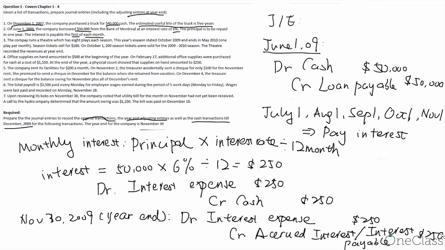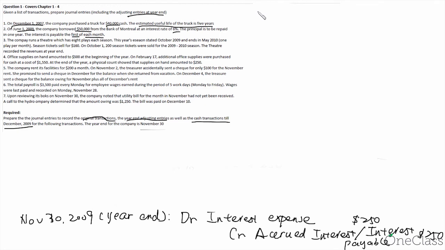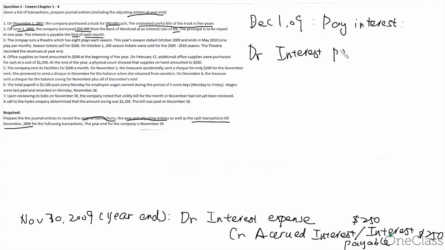So here is our year-end adjusting entry. And don't forget that we pay the interest on the 1st of each month. So on December 1st, 2009, we'll pay the interest. So the journal entry for the cash payment is to debit our interest payable of $250 and credit cash of $250.